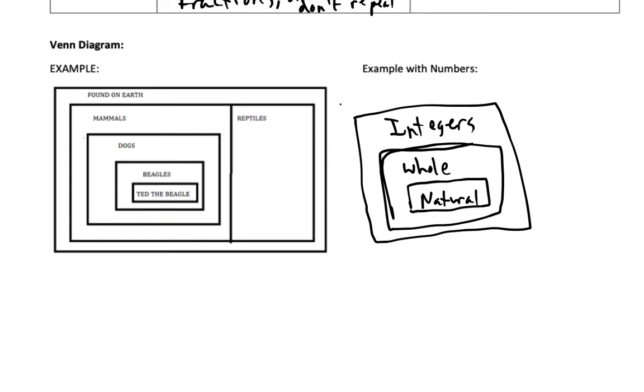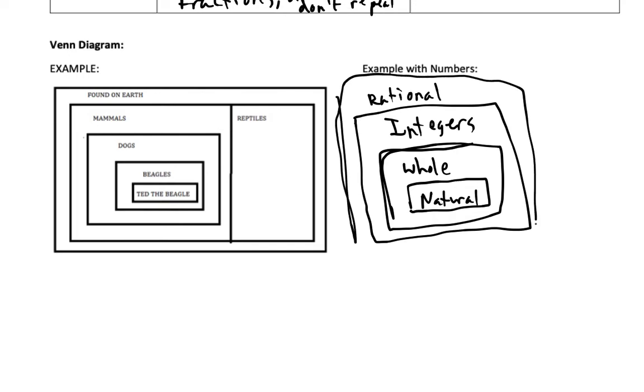After this, we have the rational numbers, being all numbers that can be fractions. Any integer can be expressed as itself divided by 1. So negative 3 would be negative 3 over 1. 0 would be 0 over 1.